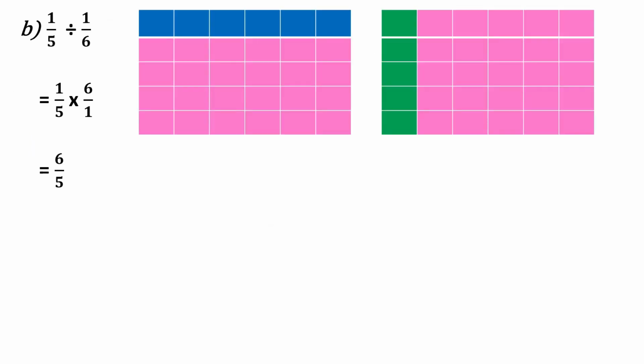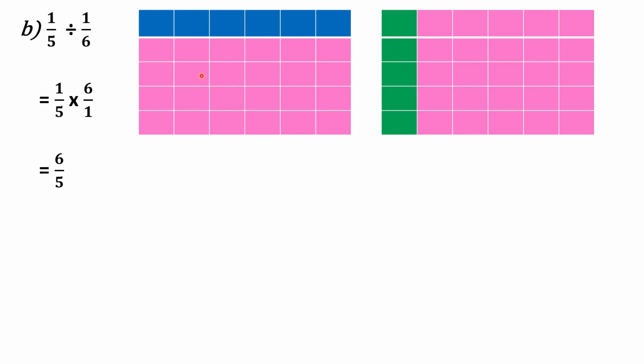Okay, here also you can see, children, 1 by 5 divided by 1 by 6. Okay, so 5 rows and 6 columns we have drawn here, and out of 5 rows, the first row we have colored with blue, and here 6 columns we have drawn, and out of that 1 column we have colored with green.